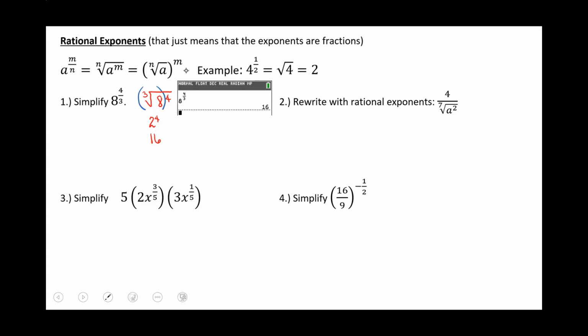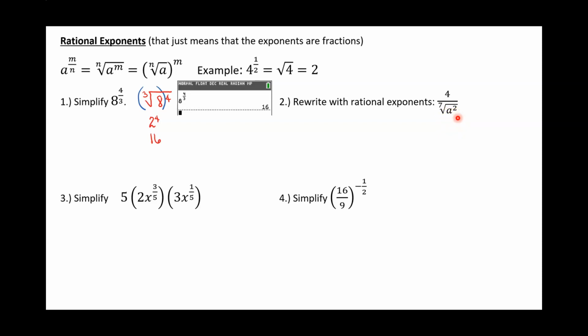Okay, so not only can we take the rational exponent and write it as a radical, we can go the opposite way. We can take the radical and write it as a rational exponent. All right, so for this example, we're going to leave the 4 alone, but let's look at the denominator. So for our denominator, we're going to have a to the something.